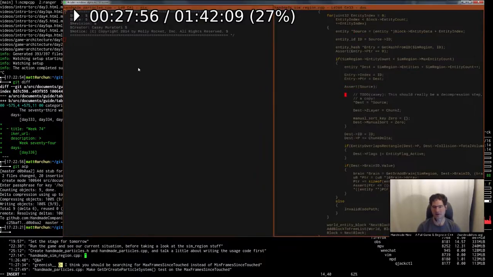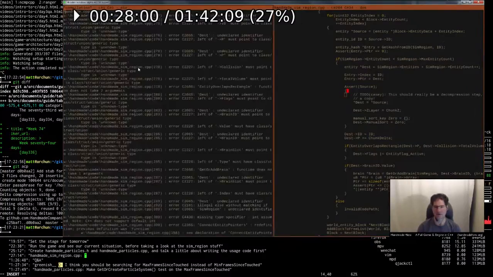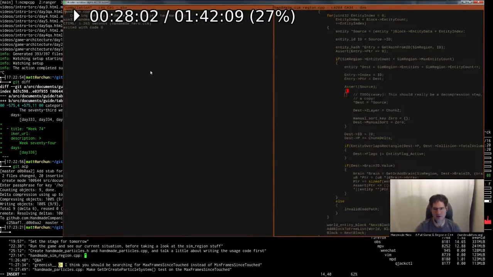Oops. How could that source ever be 0? Oh, wait, no, it can be. It's a pointer. Never mind. Wow, I'm out to lunch today. It can be. These entity datas, I guess, could keep it in there. Plus entity index.